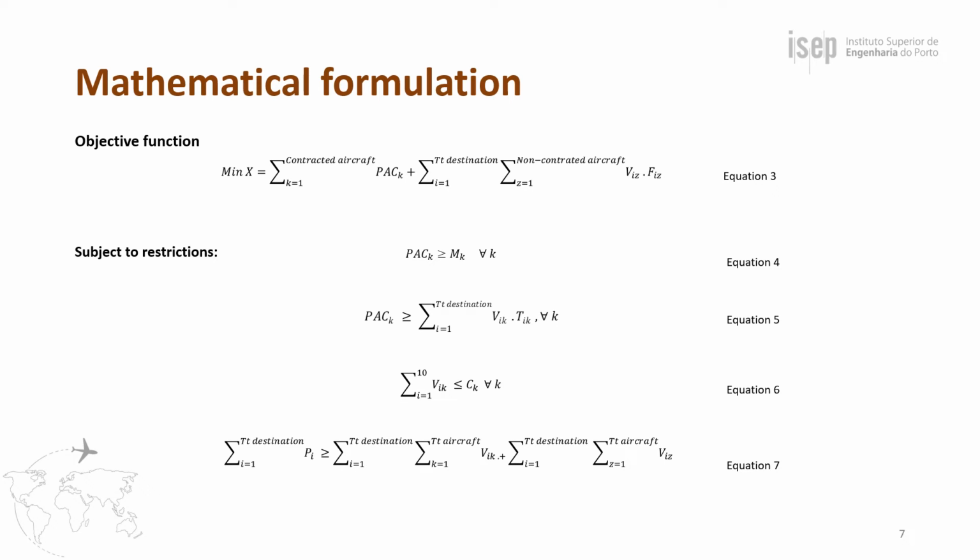The third restriction ensures that the cargo to be carried on each contracted aircraft doesn't exceed the maximum capacity. The last restriction ensures that the volume transported between the contracted and non-contracted aircraft is at least equal to the forecast volume to be sent to each destination.